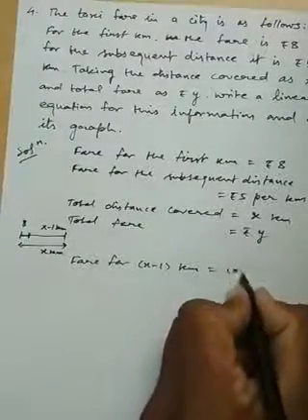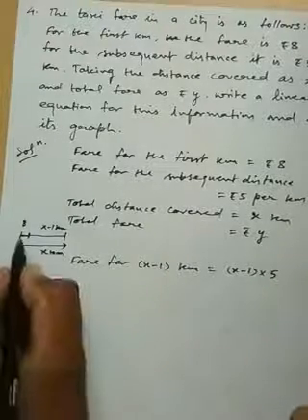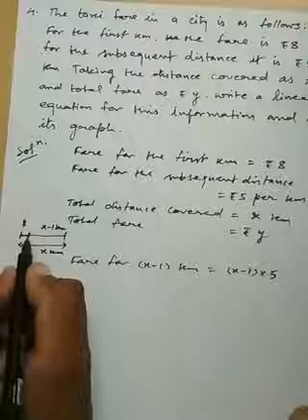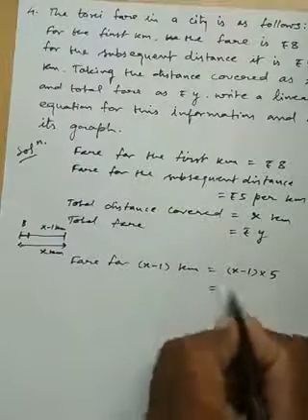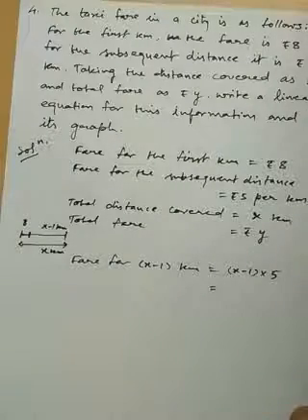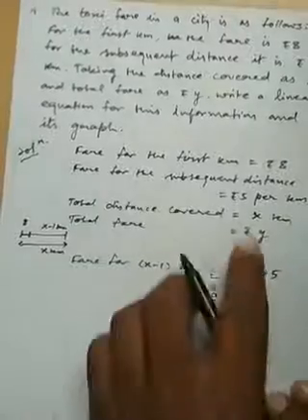So x minus 1 into 5. The initial first kilometer fare is 8 into 1, that is 8 rupees, and this is the fare for x minus 1 kilometer, and total fare is rupees y.